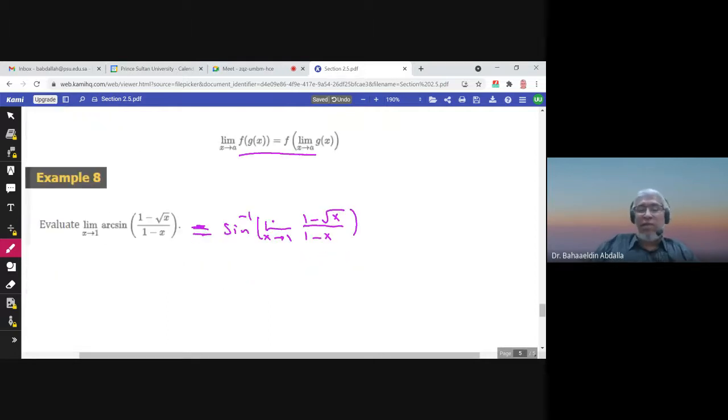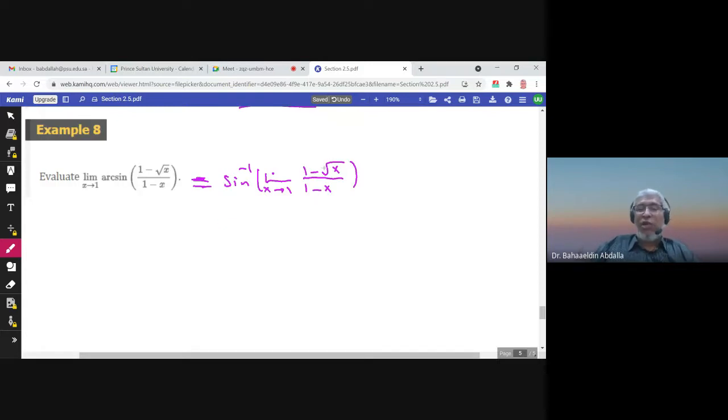How to find this limit? If you replace x by 1, 1 minus 1 over 1 minus 1 is 0 over 0, so we need to do something. Since we have a square root, we can multiply by the conjugate, 1 plus square root of x. Or you can use the difference of two squares to factor 1 minus x into 1 minus square root of x times 1 plus square root of x. Either way you get the same answer.